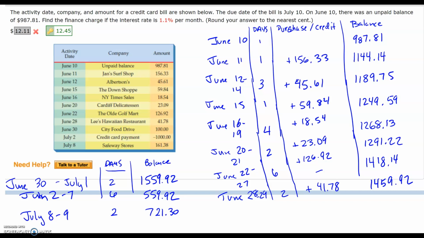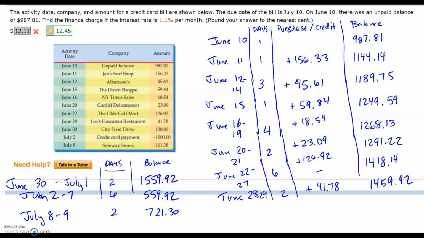So we start off with a balance of $987.81, and then we have a purchase on the 11th for $156.33. Then I record the new balance, and I do this for each one of the items as I move down.